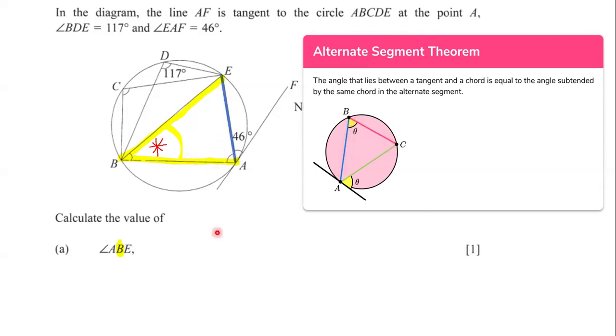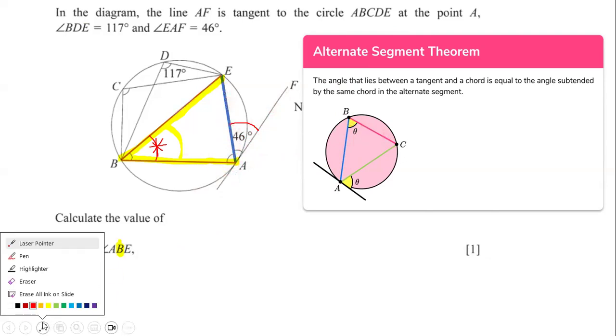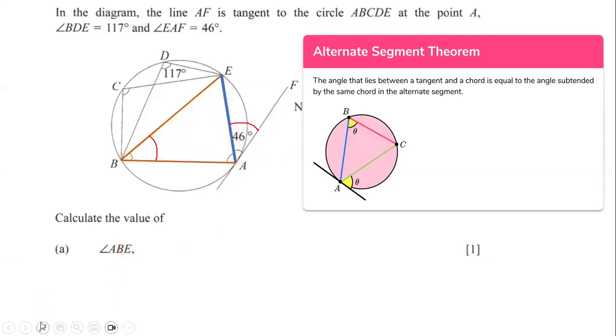And the same thing can be applied here. So we have the chord and we have the tangent line. What is the tangent line? Well, the tangent line is right here. So you have the tangent line and we have the chord, which is in blue. We have this angle that is between the chord and the tangent.